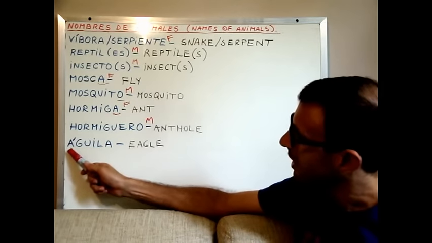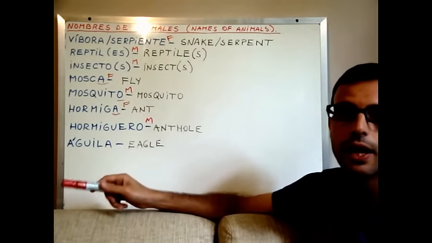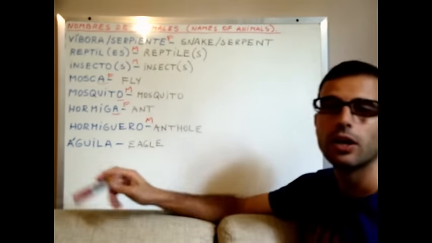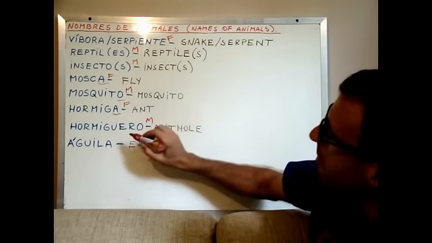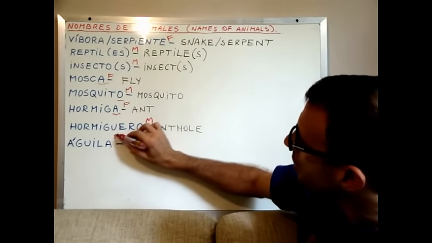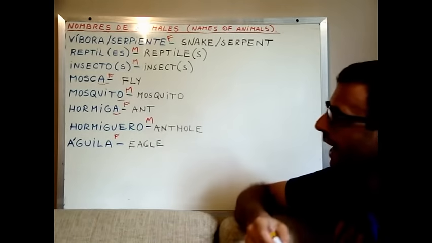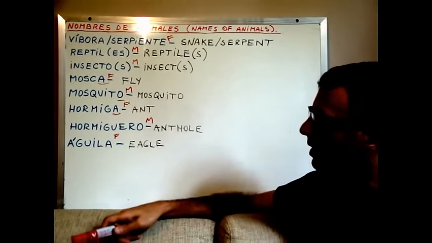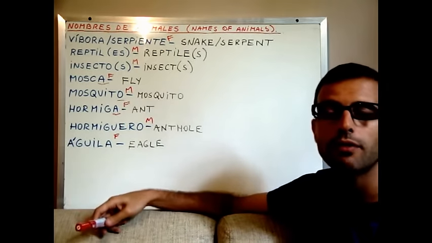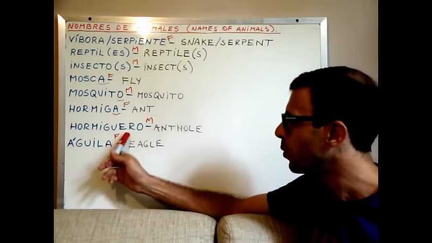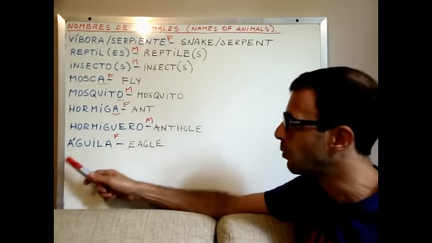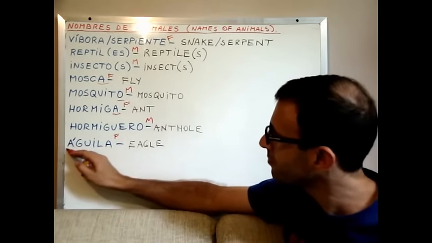This last word, the eagle, I'll use as an example of what I wanted to explain about the feminine nouns that begin with an A. Águila means eagle. Águila is one of the many feminine nouns that begin with an A, right?